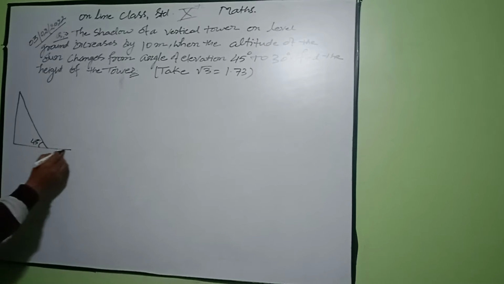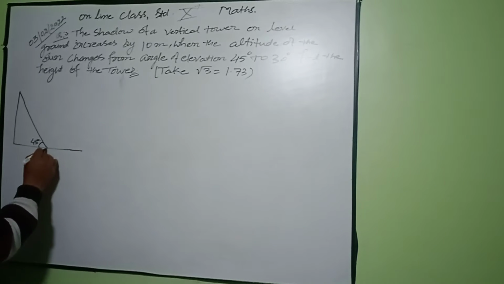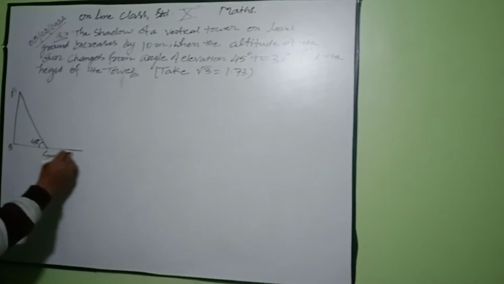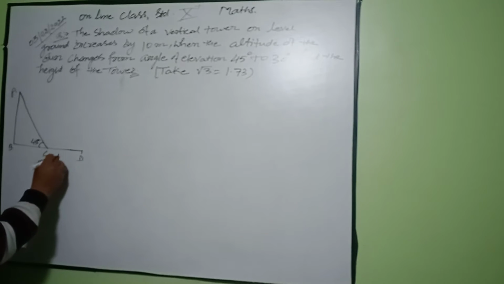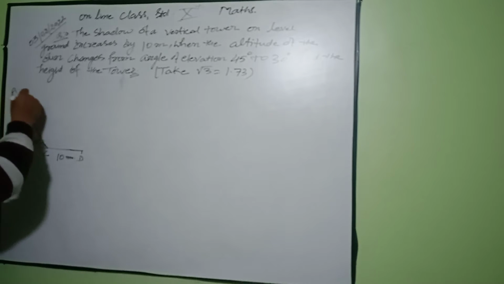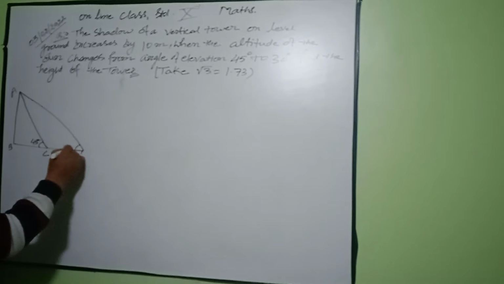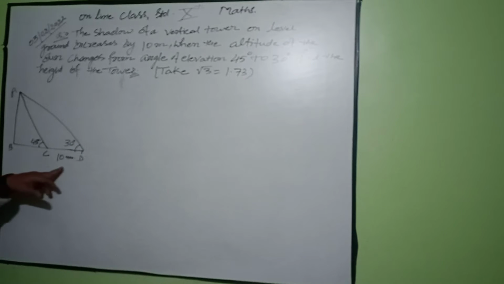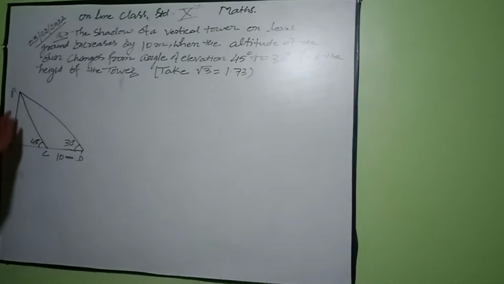After 10 meters from this, A, B, C and D, this is 10 meter, the angle becomes 30 degree. So find the height of the tower.